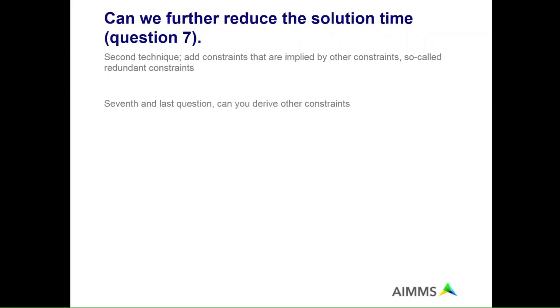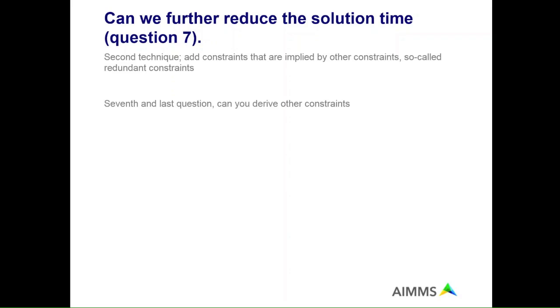Then I'm going to another technique, the so-called redundant constraints. Redundant constraints are constraints the optimizer can't deduce itself from the given constraints, but a human can, and these redundant constraints help the deduction steps taken by the constraint programming, reducing the possible solutions of each variable after each branch taken.